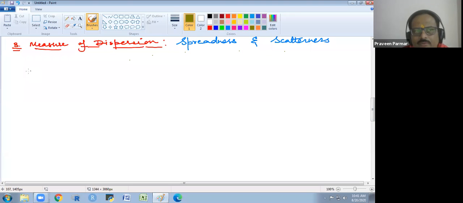First, we see about the range. First thing we have seen is that the range is there. The formula of range is maximum minus minimum. Suppose I have this data.